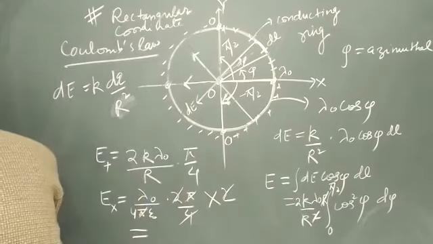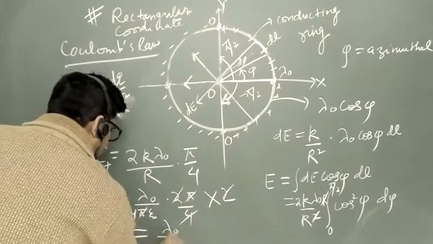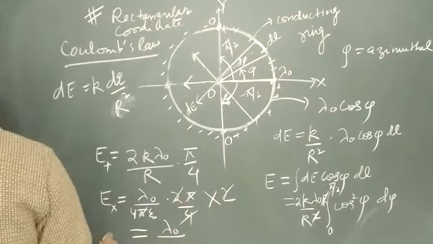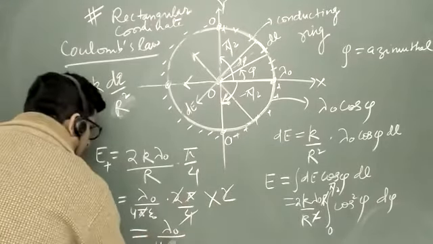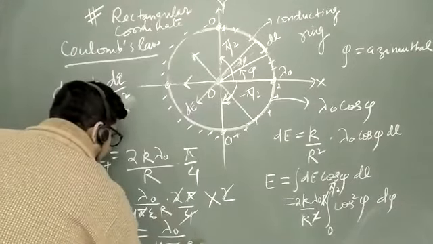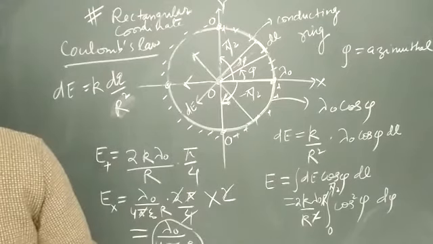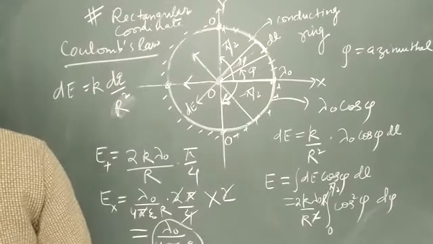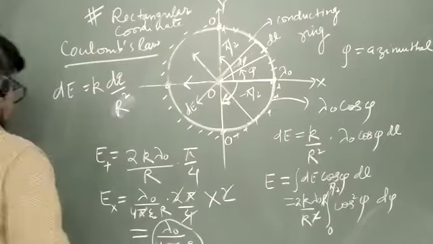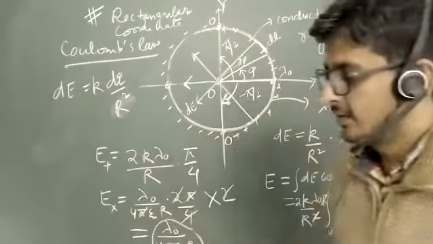It will be equal to lambda naught over 4 epsilon naught R. This is the final formula for the electric field. Is this okay? Ask if there is any doubt.